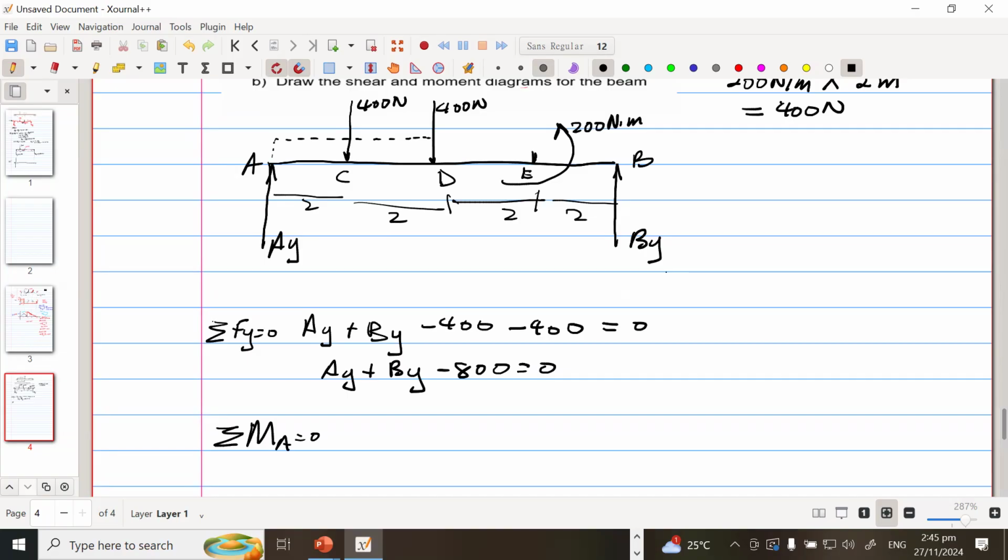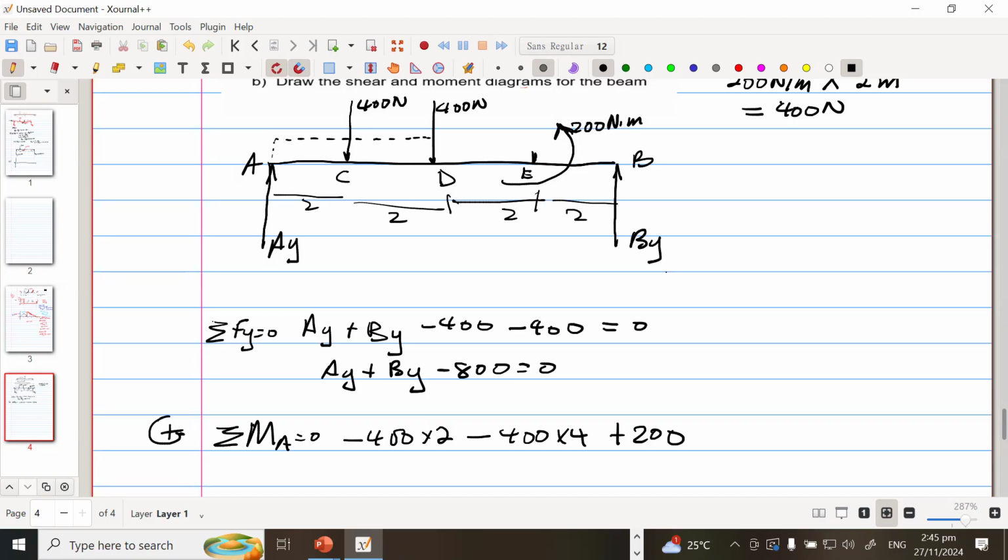So the first one would be minus 400 times 2, minus 400 times how much? 4, at D. And then we have a positive 200 going up at E. Positive because it's going in the anti-clockwise direction.